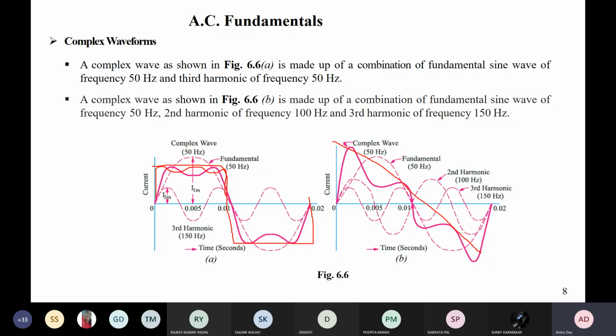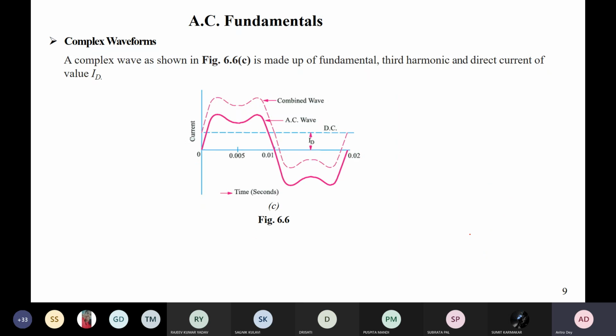Whatever signal or function you have, odd function or even function, we can represent it as a summation of n number of odd and even harmonics. And also, if required, there may be some DC offset value. This is how you can do all this harmonic analysis, and that can be done with Fourier series analysis. You will learn later in maths.